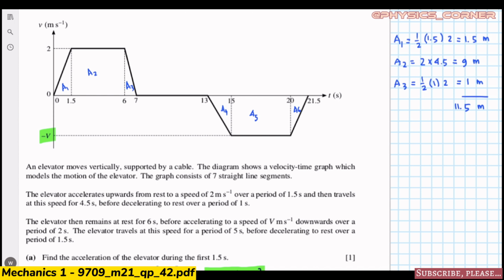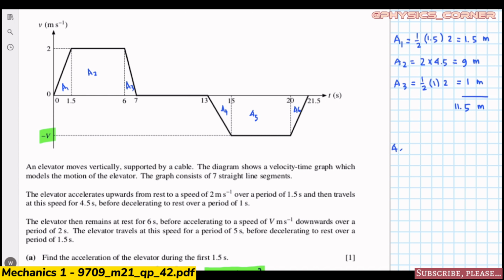Area 4 is a half of (13 to 15 equals 2) times V, so this equals V. Then area 5 is 5 times V, or equals 5V.